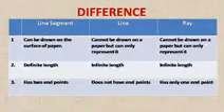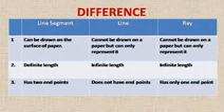Students, let's revise ourselves with the help of the differences given in this slide. As you see in this slide, a line segment can be drawn on the surface of paper. However, we cannot draw a line and ray on paper, but can only represent them on paper.